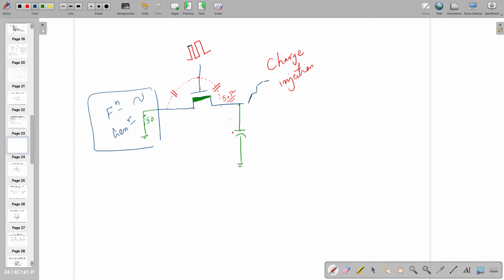So input will be tracked, but when it is off, in the off phase, what is going to happen? We are thinking that this is off, and right now we are not talking about charge injection. Even though there is a charge injection, there will be something else also. That else is, when there is off, it's still not completely off.